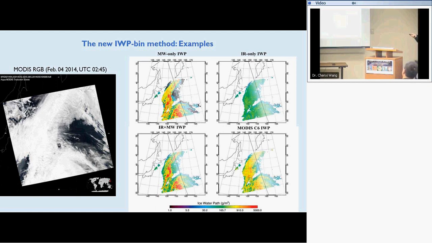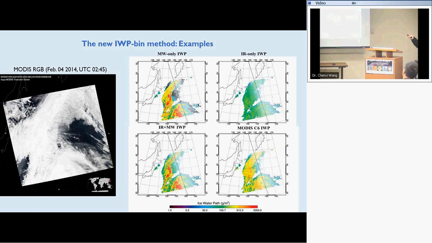So with this retrieval, near the deep convection center in this region, you have very nice retrieval. But for this, the microwave has no sensitivity to those thin clouds. But if you use infrared-only retrieval, this one is the infrared only. We use MODIS infrared channels.